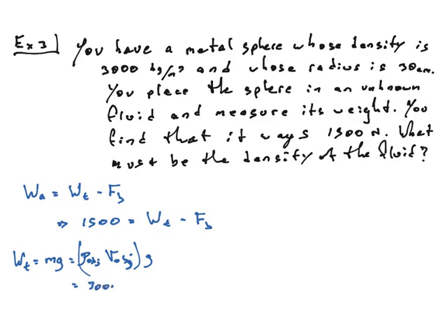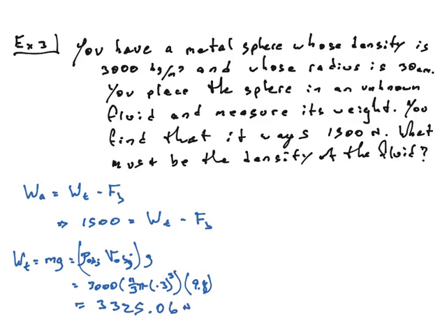So 3,000 times the volume, this is a sphere, so it's 4/3 pi times the radius, 30 centimeters, so 0.3 cubed, times 9.8. So we multiply all of this together, and we find that the actual weight is 3325.06 newtons.